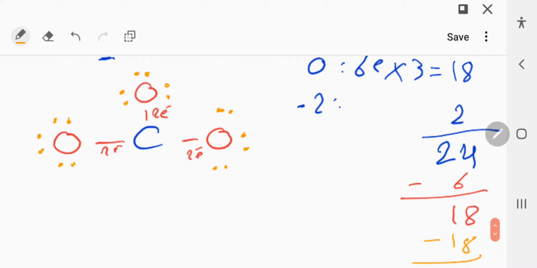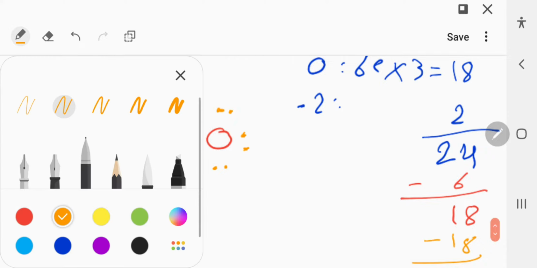Now, if you look at the shape, you will find that oxygen is stable, while carbon is not stable yet, because carbon is surrounded by 6 electrons only from the bonds, which means it doesn't reach the octet rule. So what will we do?